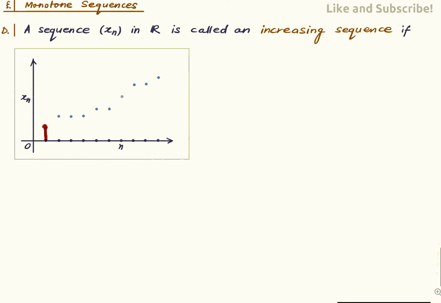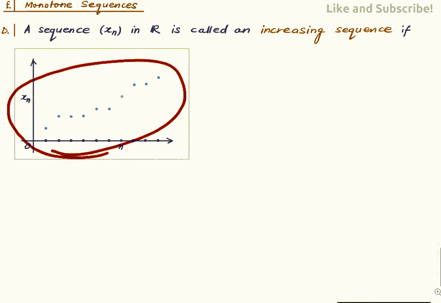For n equals 1, you just plot the value of x1. For n equals 2, you plot x2, and for a general n, you plot xn. You may join them with some lines just for better visualization, but these points are exactly what captures all the values that the sequence takes.